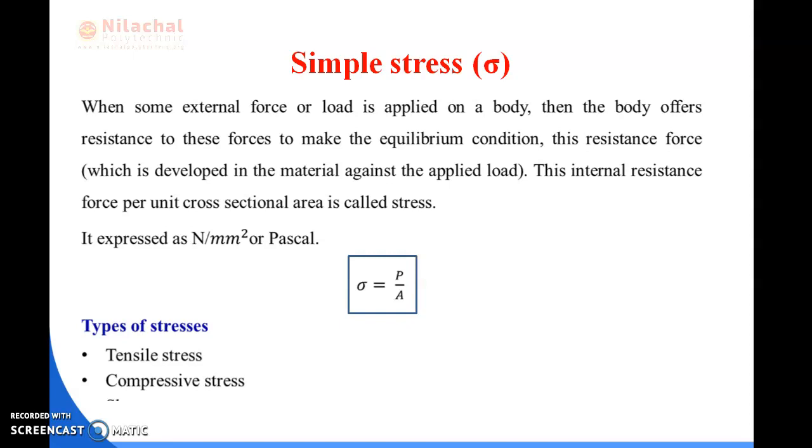The unit of force is Newton and the unit of area is mm square. So as a whole, the unit of stress is Newton per mm square.